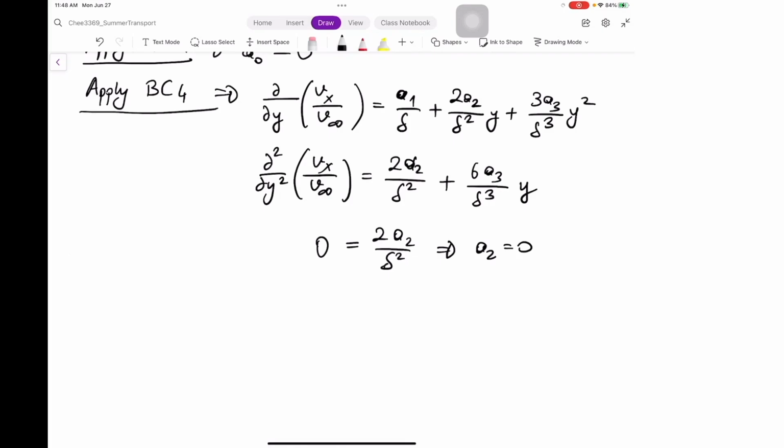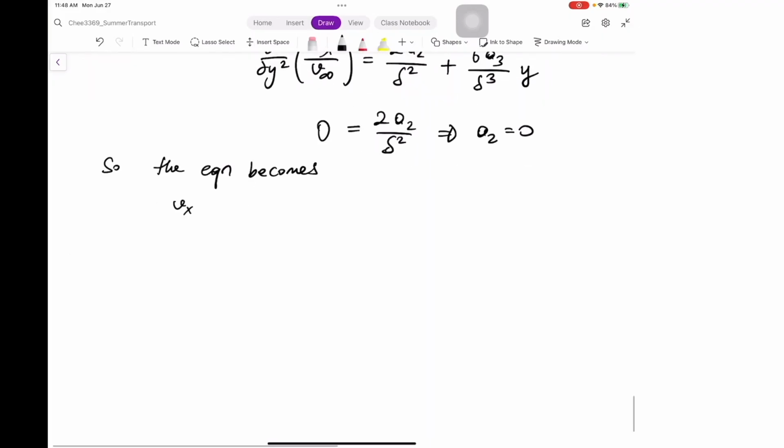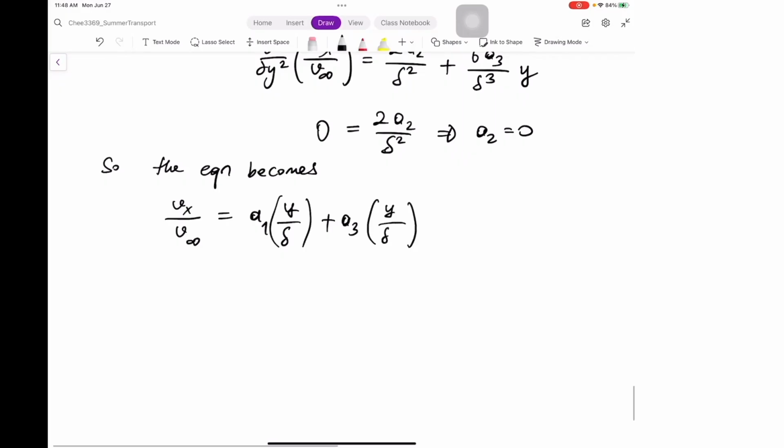So the equation becomes Vx over V infinity is equal to a0, which is 0. We start with the a1 term, a1 y over delta, plus the a2 term, which is 0, so we have a3 y over delta cubed.